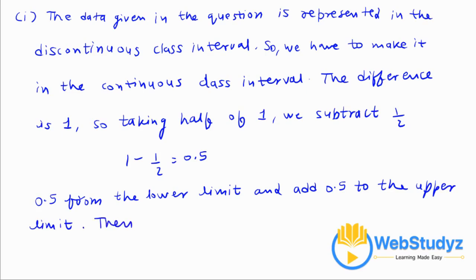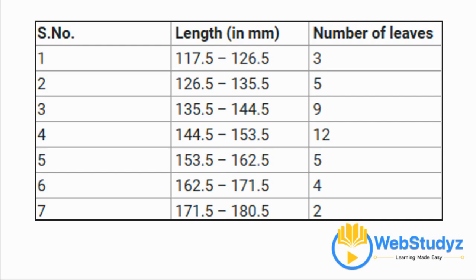then the table becomes like this, where length in mm, in lower limit we have subtracted 0.5 and in upper limit we have added 0.5 to make the class continuous, so that after this it starts from the same, and mention the number of leaves.